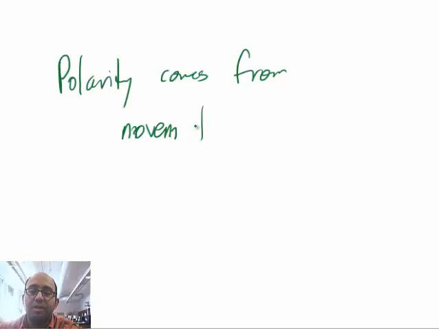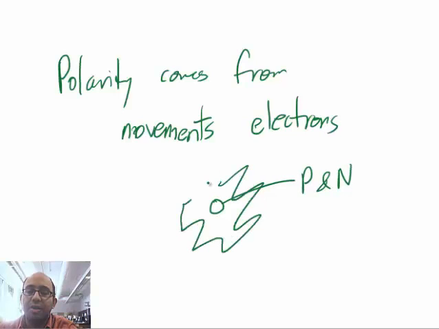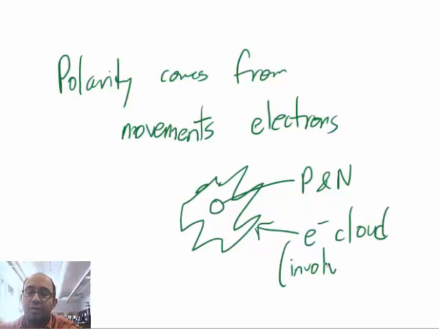Chemical bonds are made using the electrons, which are on the outside of the atom. Remember how we said the nucleus contains the protons and the neutrons, and then around it are the electrons in the electron cloud. And that's what's involved in bonding.